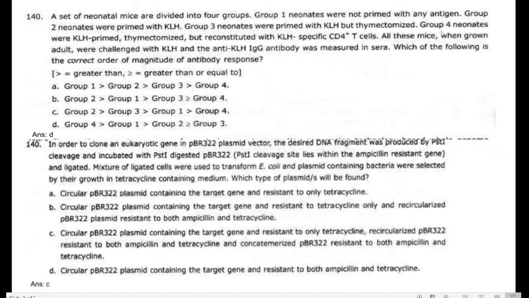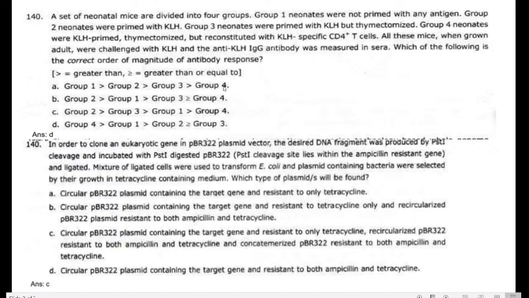Group 4 neonates were KLH primed and thymectomized, but reconstituted with KLH-specific CD4 T cells.